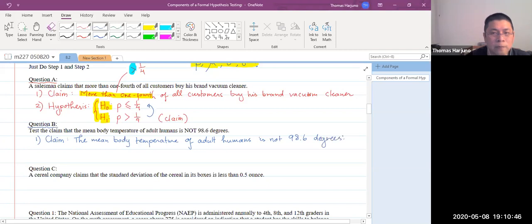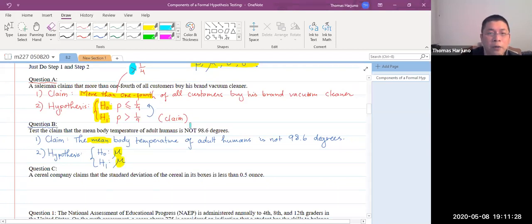And then the hypothesis. It must use a brace, right? Null hypothesis, alternate hypothesis, each with a colon. Then we read the claim again. First, the mean body temperature. It talks about the mean, so the parameter must be mu, right?